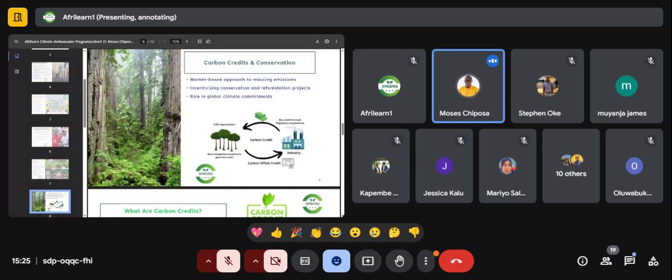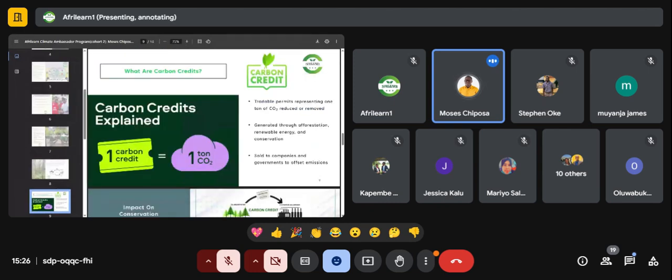Very interesting aspect. And then carbon credits also help countries and companies meet climate goals, like reducing global warming and protecting nature. So the bottom line here is trees help fight climate change, and people can actually make money by growing and protecting the trees. We can move to the next slide.